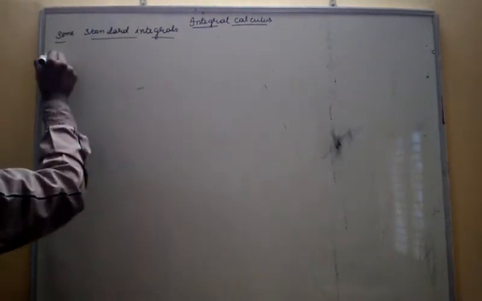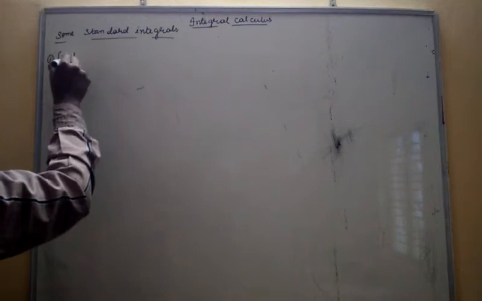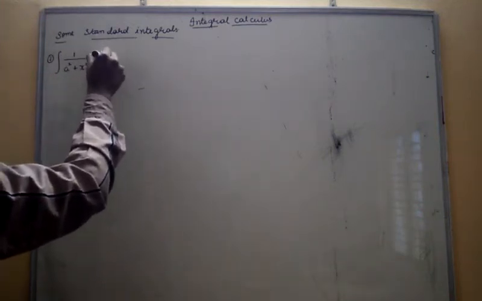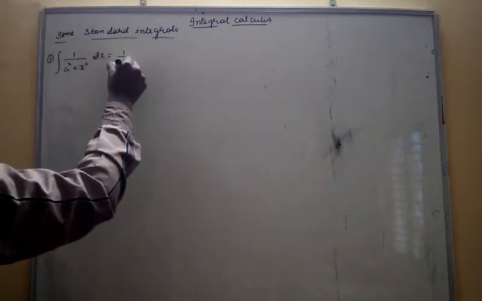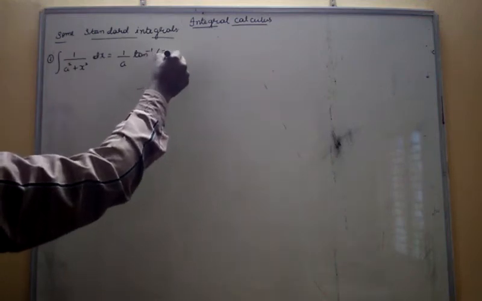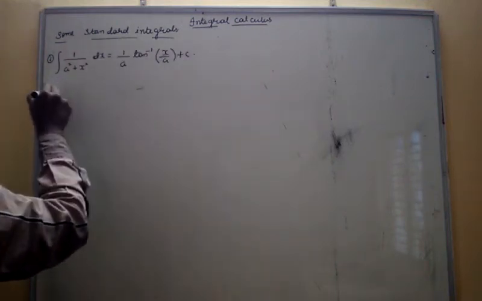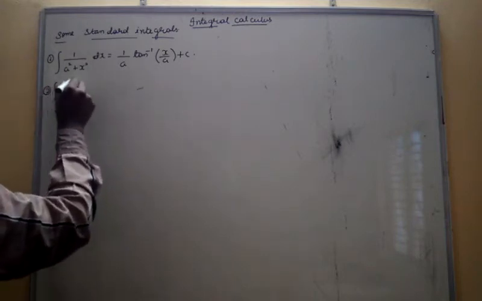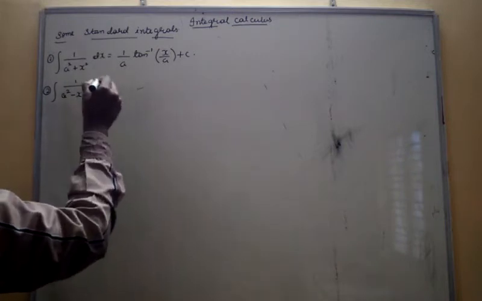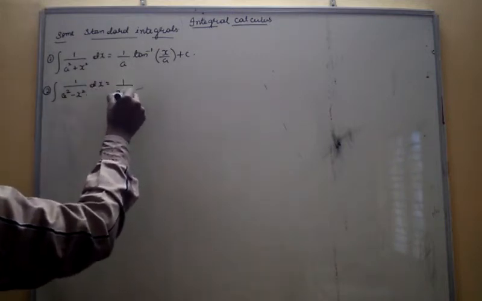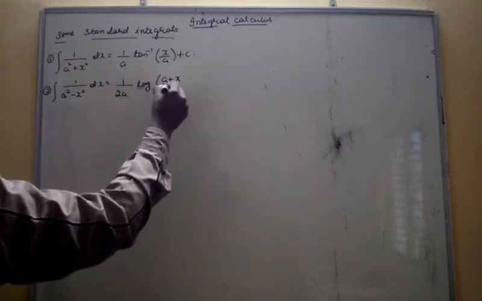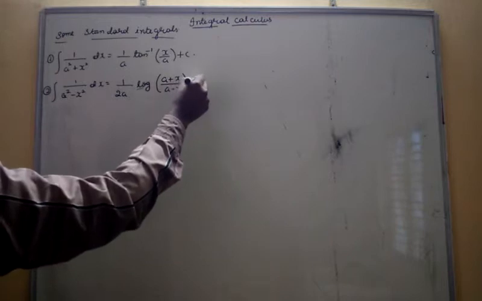First one, integration of 1 by a square plus x square dx is equal to 1 by a tan inverse of x by a plus c. Then second one, integration of 1 by a square minus x square dx is equal to 1 by 2a into log of a plus x by a minus x plus c.